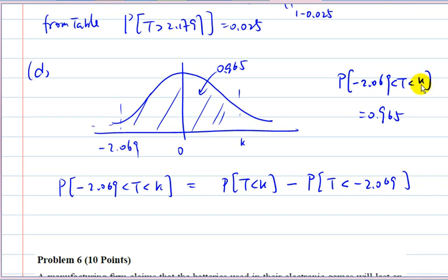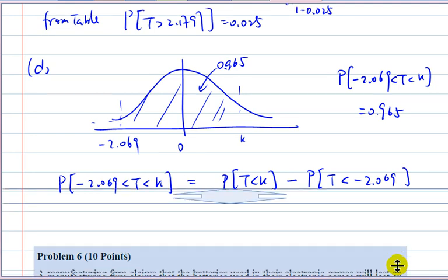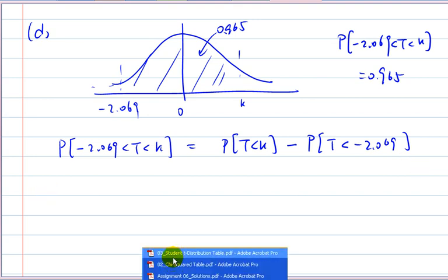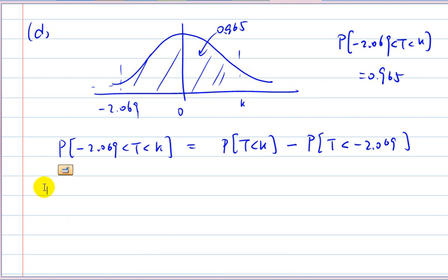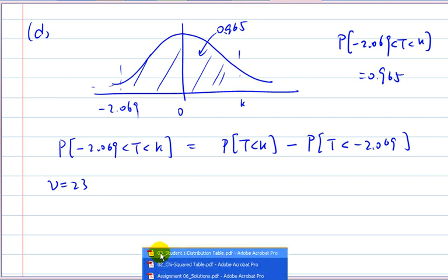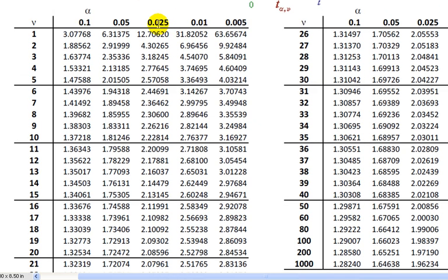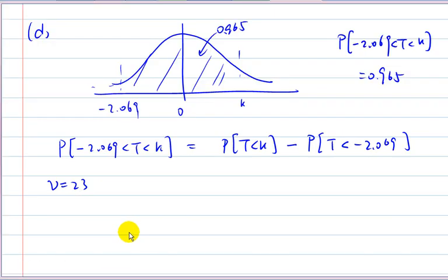The table doesn't have negative 2.069, but it does have 2.069. Degrees of freedom is 23, so go to the table, 23 over here. 2.069 is right here, and the alpha value corresponding is 0.025.